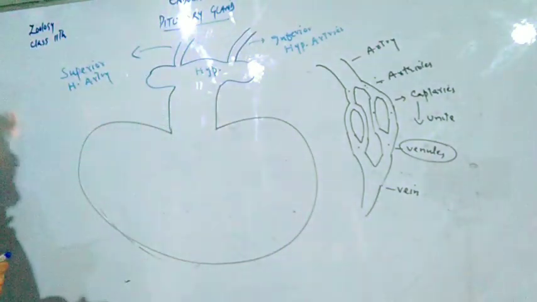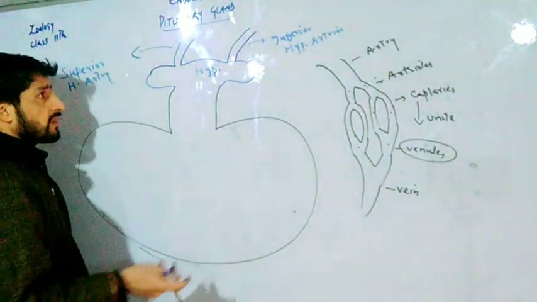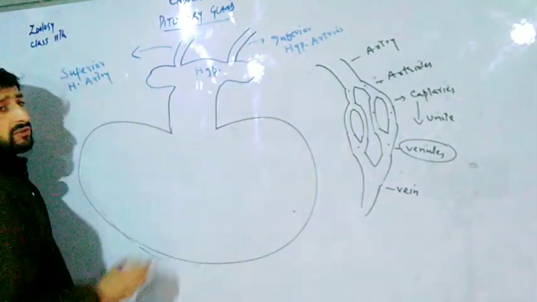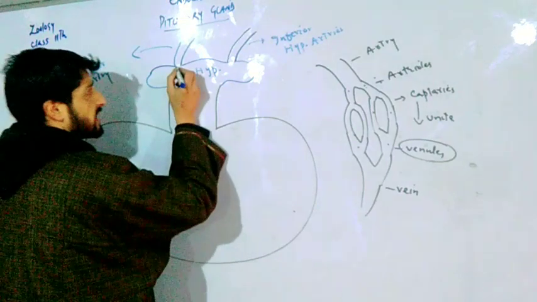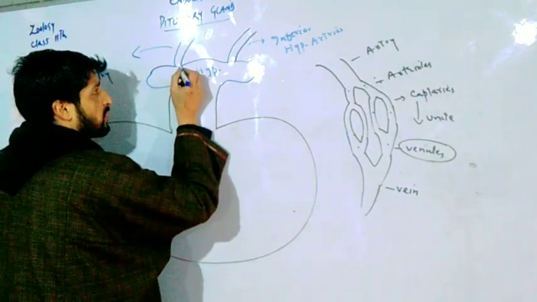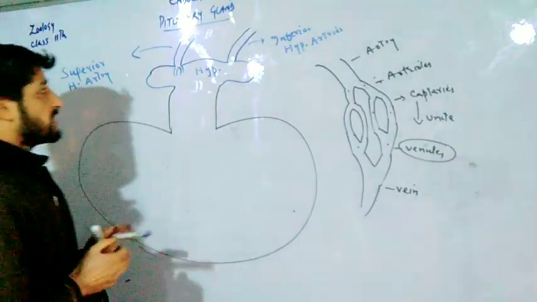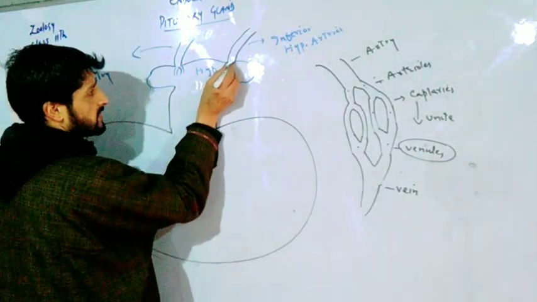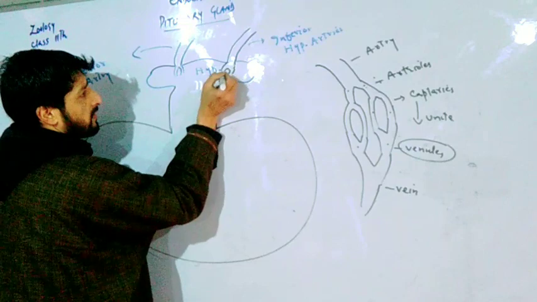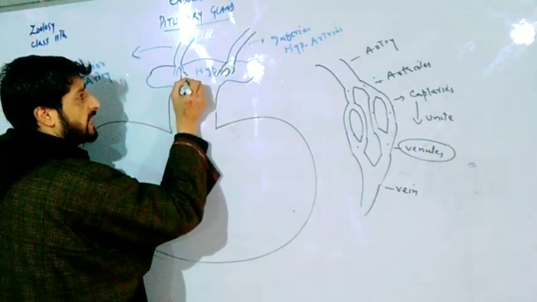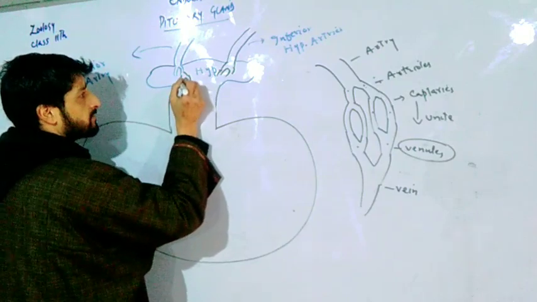What actually happens is that when the arteries bring oxygenated blood to the hypothalamus, these arteries divide into arterioles, and these arterioles again divide into capillaries.